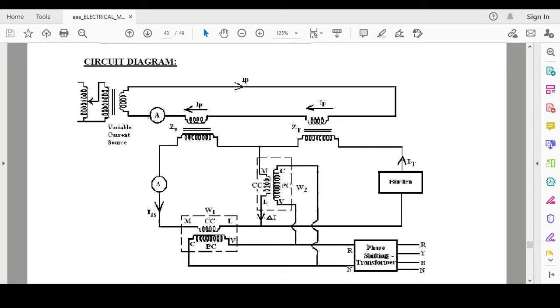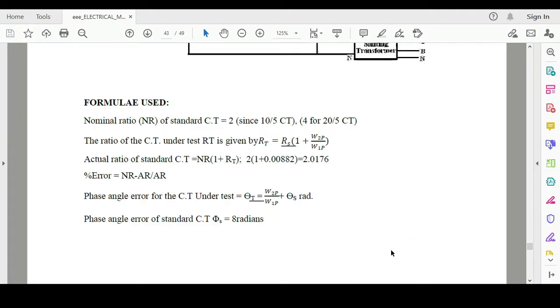Okay, let us see the formulas used. Here we are going to calculate the percentage error, which is given by the difference of nominal ratio and actual ratio, divided by actual ratio, into 100. So we have to calculate the nominal ratio and the actual ratio, and then the percentage error.